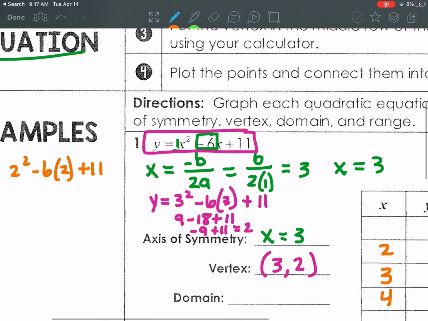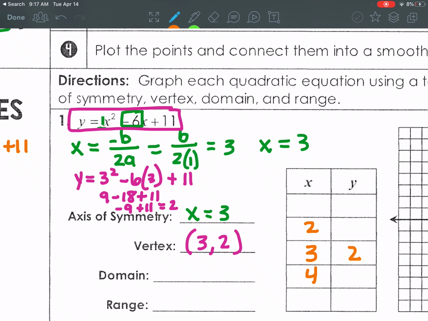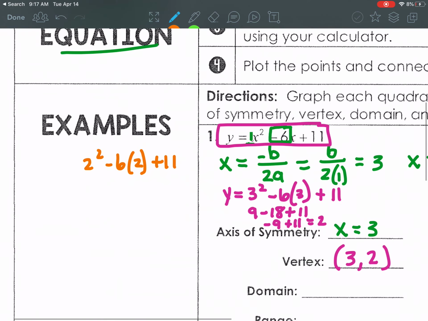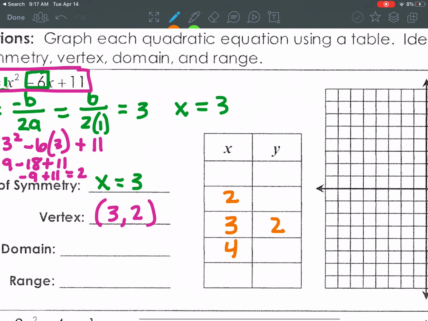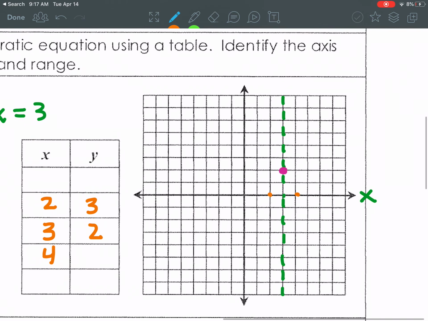All I did to get that 2 was pick one value smaller than x equals 3, our axis of symmetry. So 2 squared is 4, 4 minus 12, negative 8 plus 11 is 3. So 2, 3 is a point.